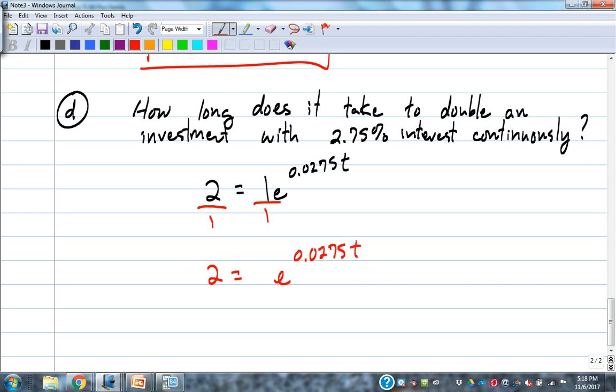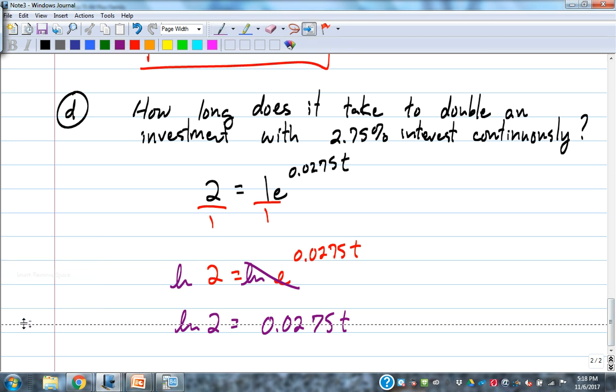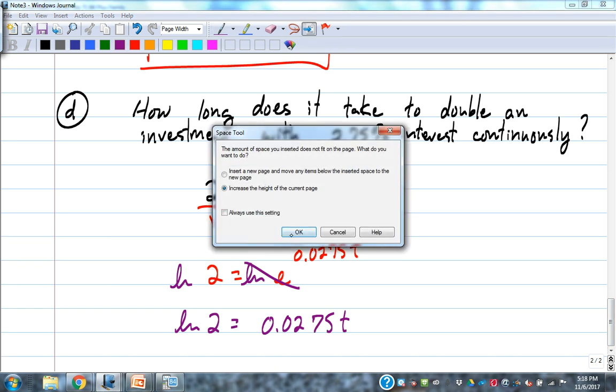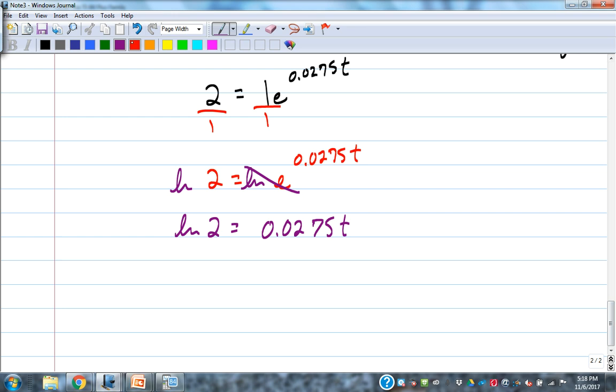What do we do to get rid of the E? A natural log. So the natural log of 2 equals 0.0275 T. How do we get T by itself? Divide by that 0.0275.